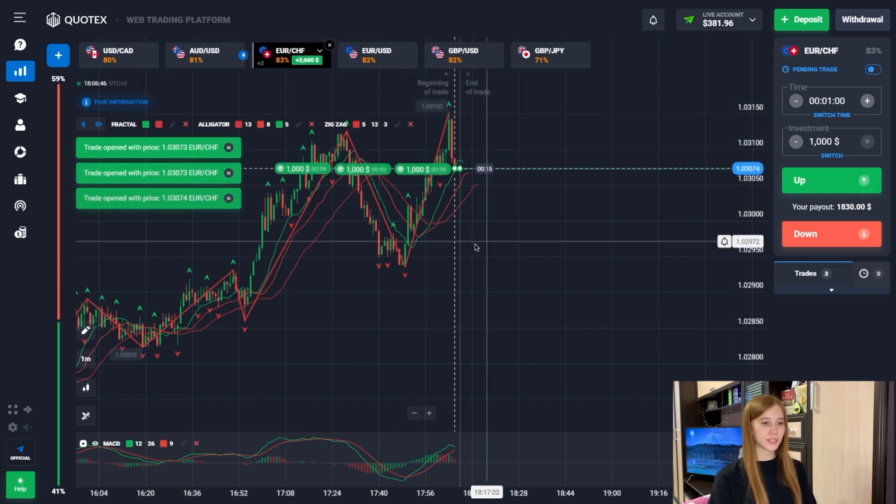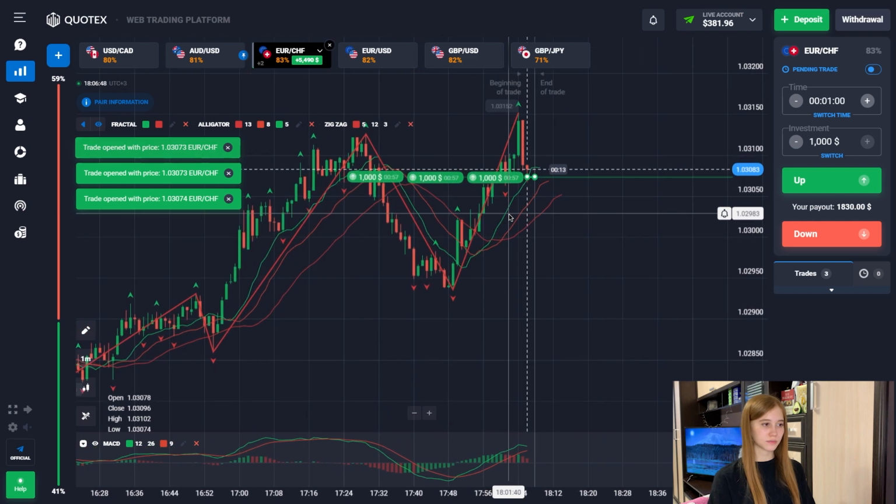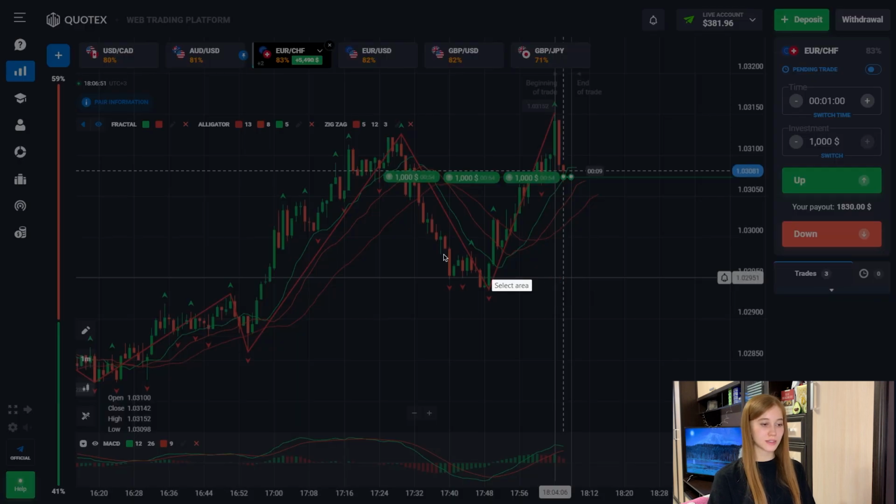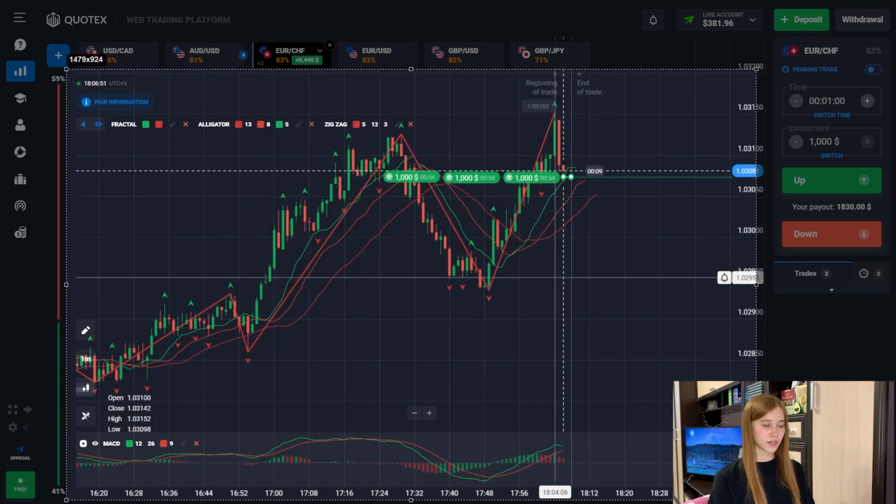Let's open 3 deals for an increase. We see that we should not have a reaction. We see manipulation in this uptrend, that is, the price has risen.